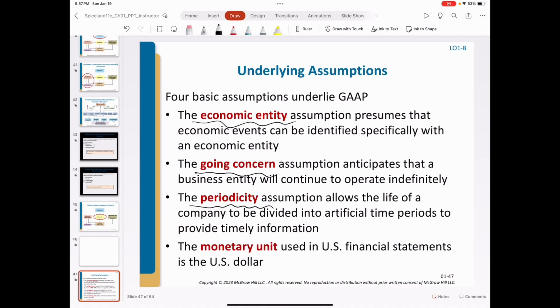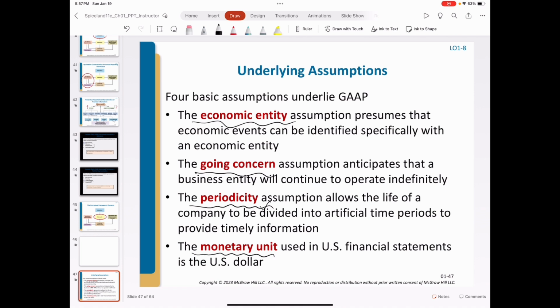For example, we divide the company's life into years or further into quarters, right? Because the company should report periodic financial statements to the capital providers. But the business operation never stops, right? So that's the assumption.